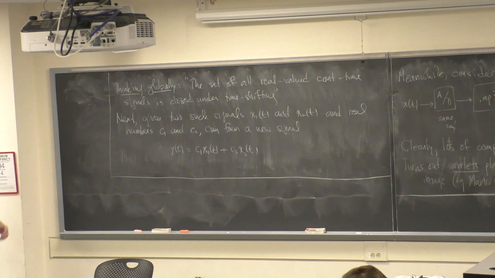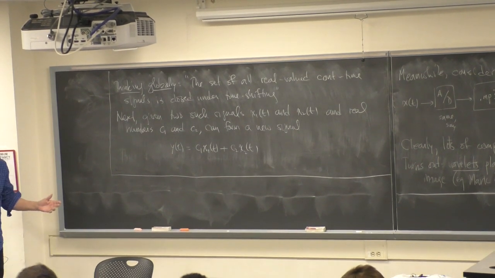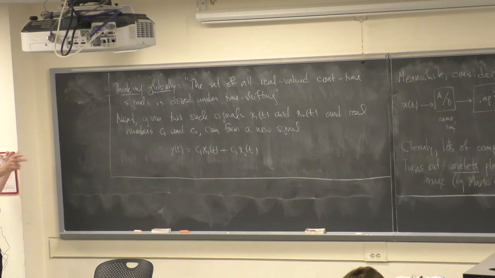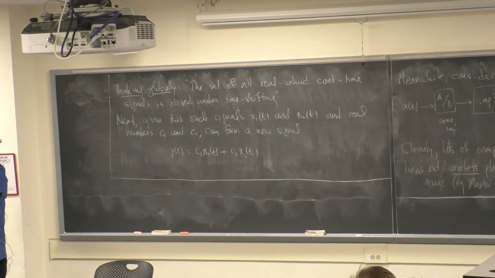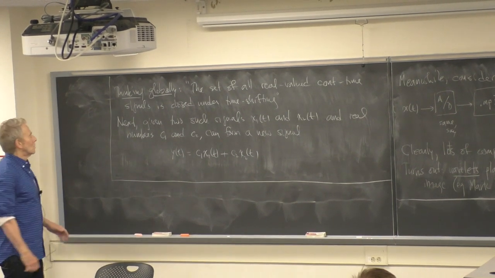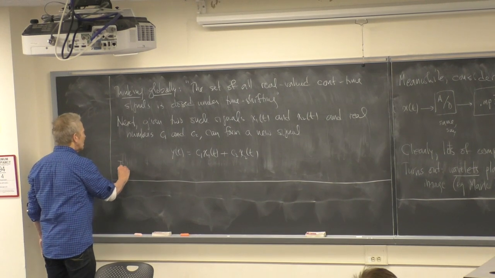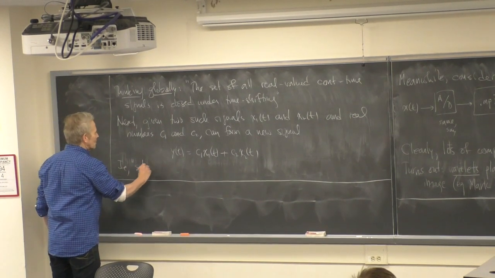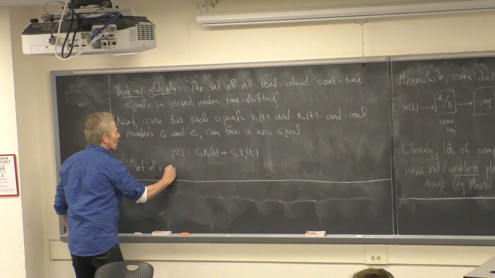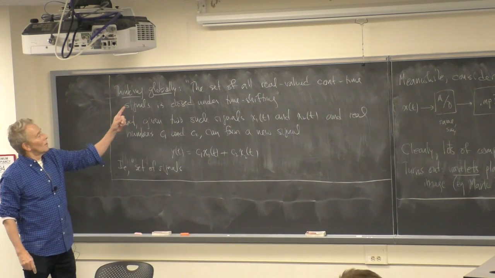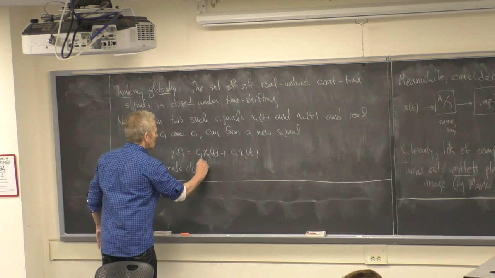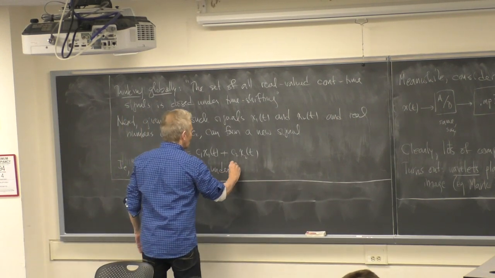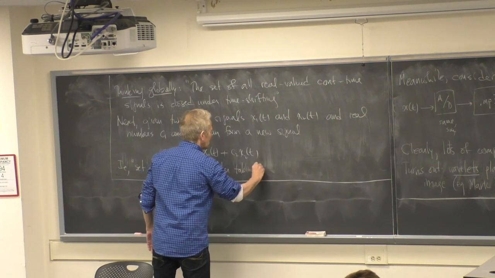Right? And we can extend that to any finite number of signals, x1, x2, x3, up to xn. You can take a linear combination of them with real coefficients and get another signal. OK, so that is to say, the set of signals, and I'm abbreviating real valued continuous time signals with just the word signals, is closed under taking real linear combos.